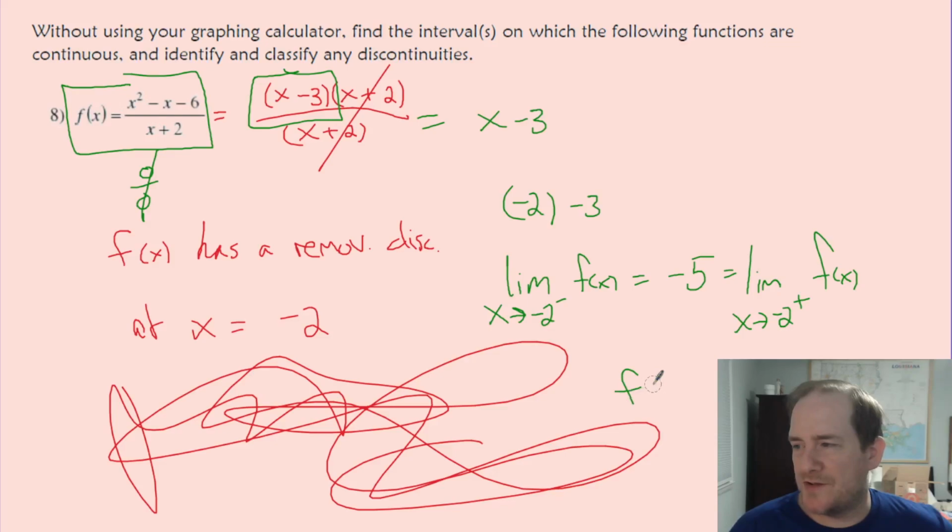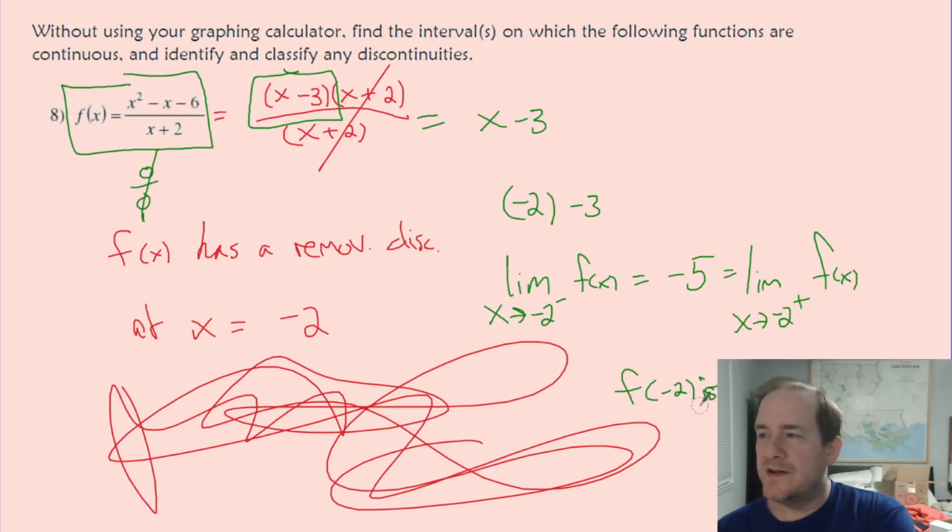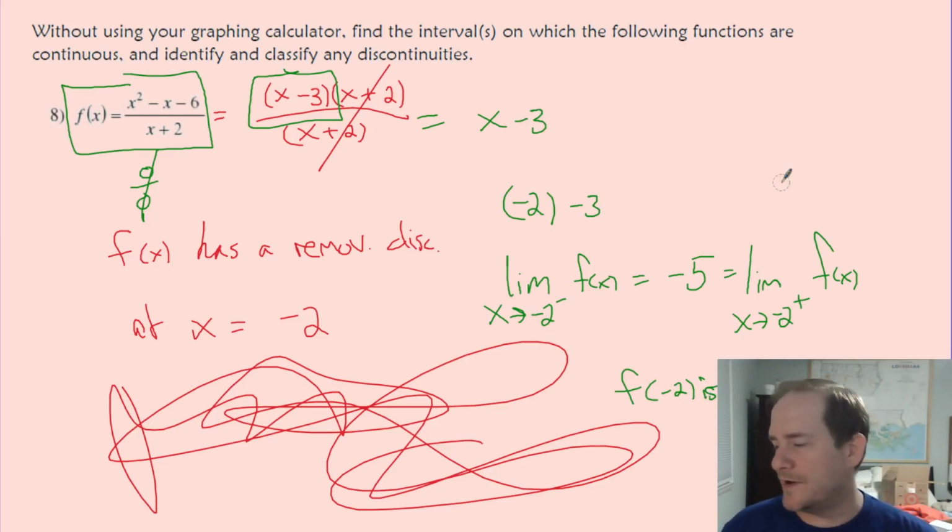But then the function value at negative 2 is undefined. So we definitely have that locked down. We're saying the limit from the left does equal the limit from the right. They both equal negative 5, but the function value is not negative 5. The function value is undefined. Again, it's another line with a hole in it.